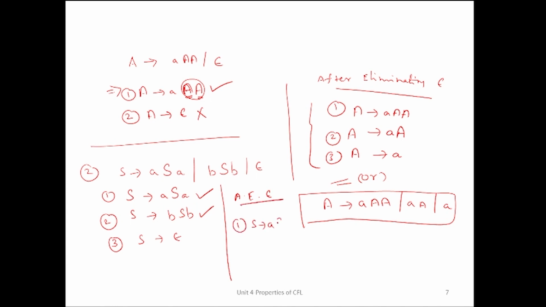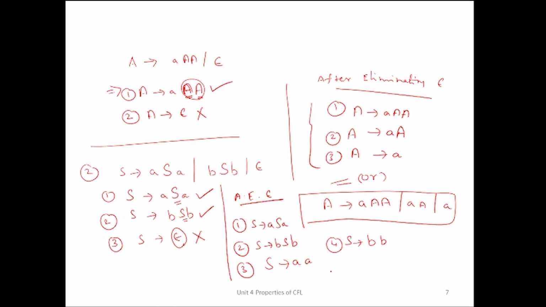You cannot write the third production. Instead, I substitute epsilon for S in the first production, so it is rewritten as S implies a a. Substituting epsilon in the second production gives S implies b b. So these four are the result after elimination.